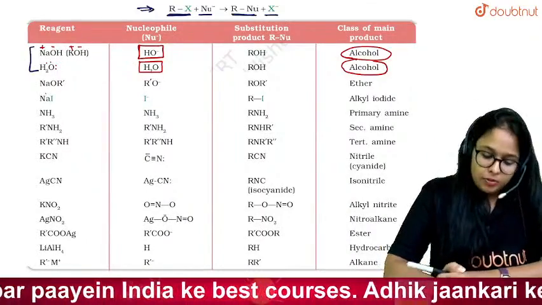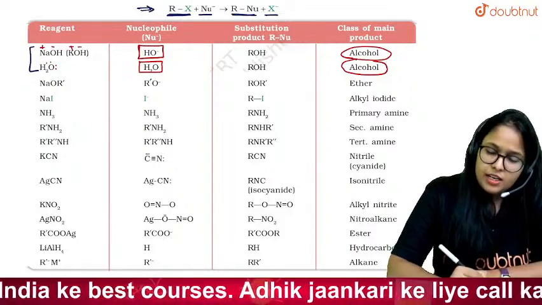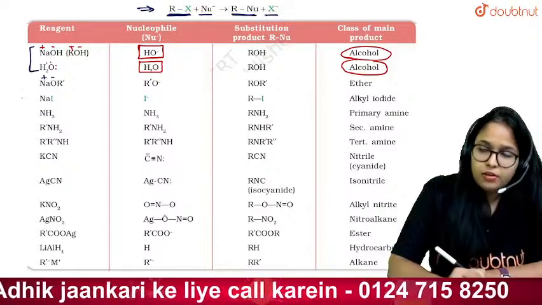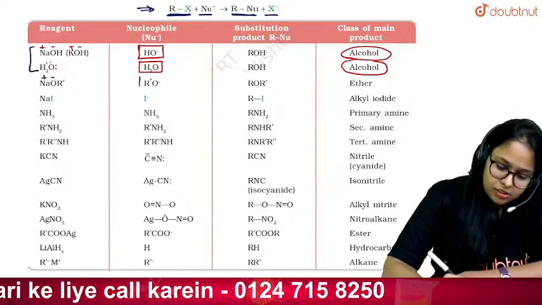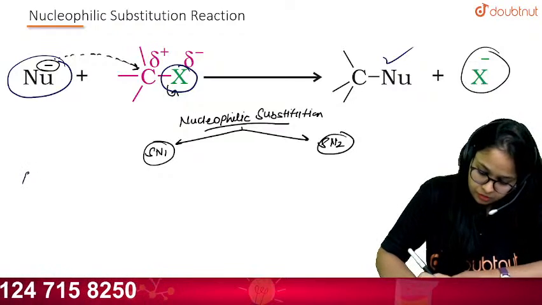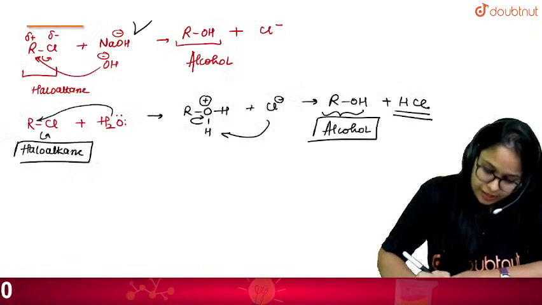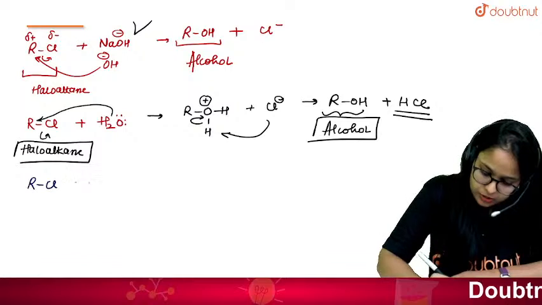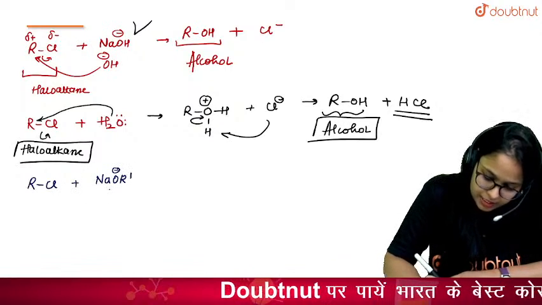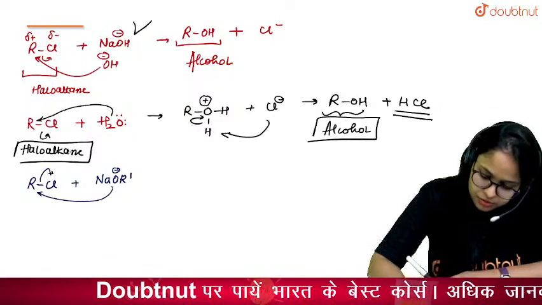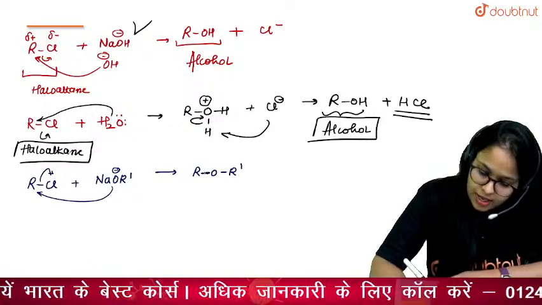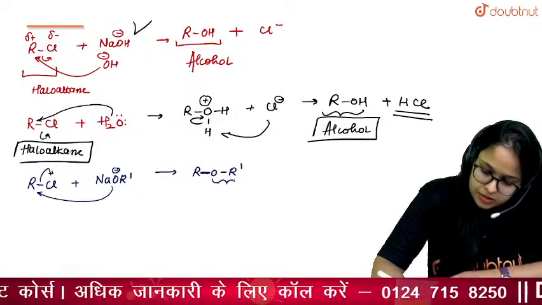Let's understand how ethers are formed. Since NaOR' is taken, as you know, Na is Na positive, R'O minus acts as a nucleophile. Now the reaction is quite similar. You take haloalkane with NaOR'. OR' minus acts as a nucleophile, attacks carbon, removes Cl, and a new bond between R and OR' is formed.